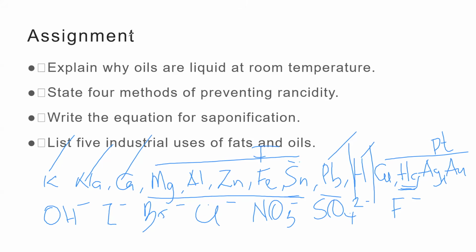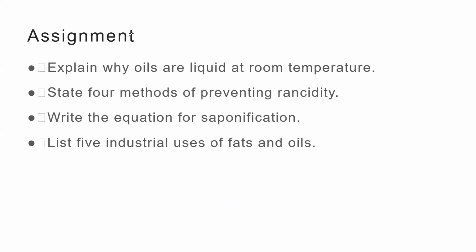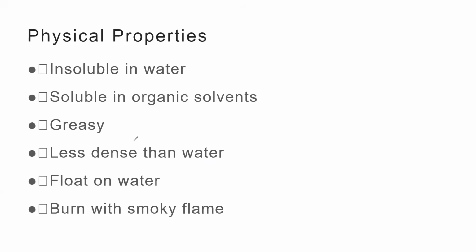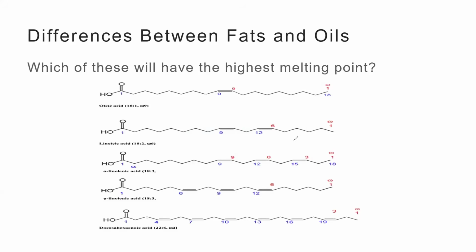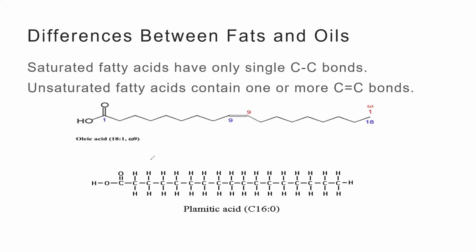So if the hydrocarbon chain has only single bonds, we say it is saturated. If it has double bonds, like this one, you can see the oleic acid, forget about the numberings there.